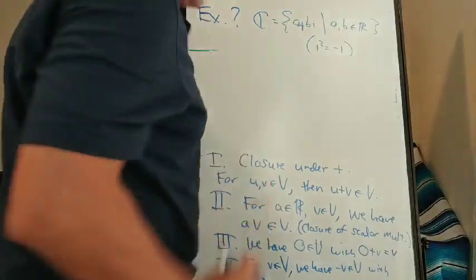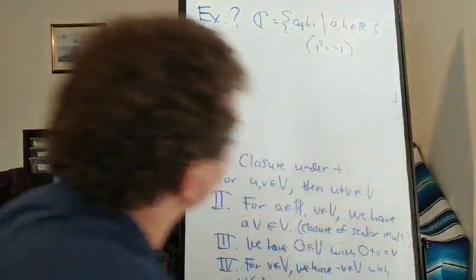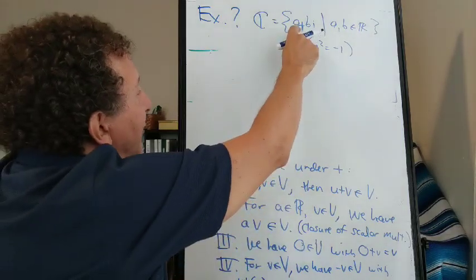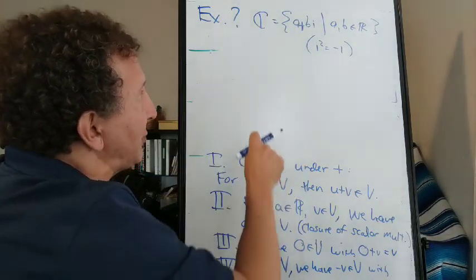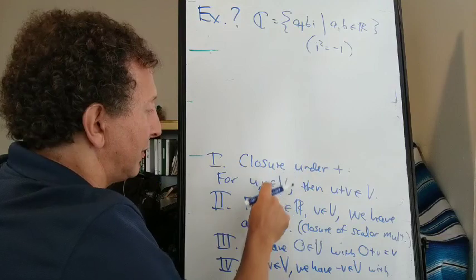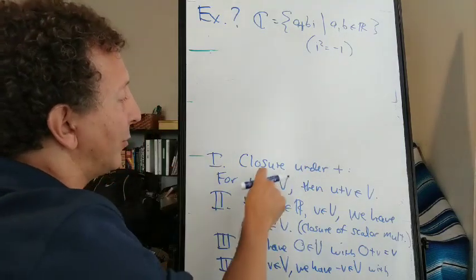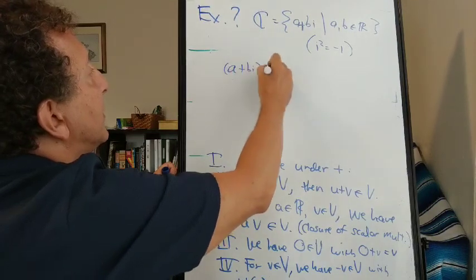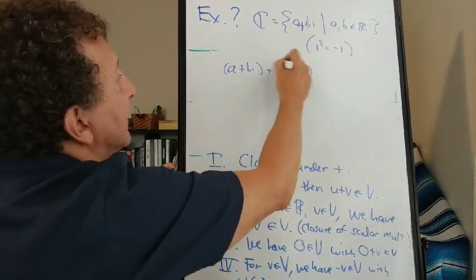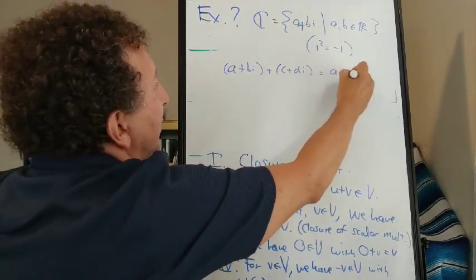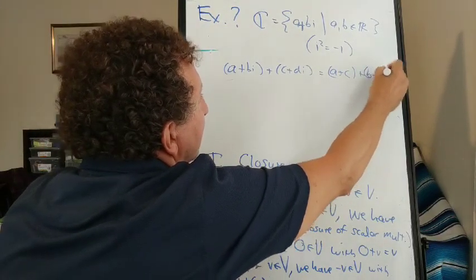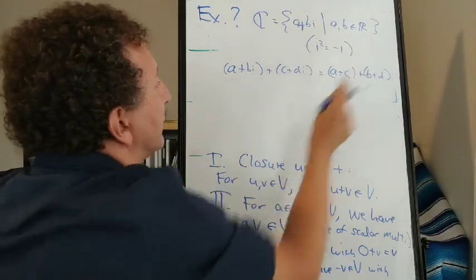But since we're not going to multiply vectors by each other, it doesn't really matter what happens if we multiply i by i. So if we have a plus bi and some other c plus di and we add them together, then we get another good complex number. So a plus bi plus c plus di equals real part a plus c, imaginary part b plus d. So that's still real number plus real number.